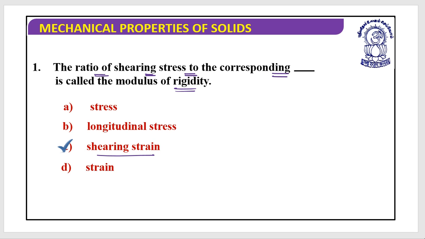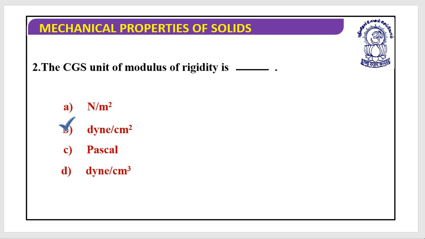Let's look at the second question. The CGS unit of modulus of rigidity is, yes, dyne per centimeter square. Newton per meter square is the SI unit of modulus of rigidity.